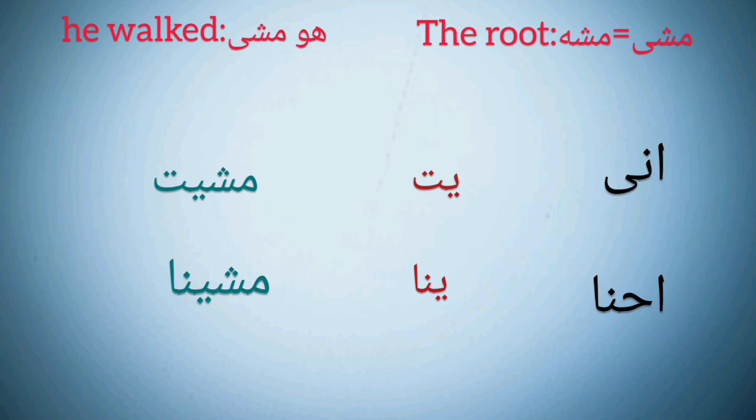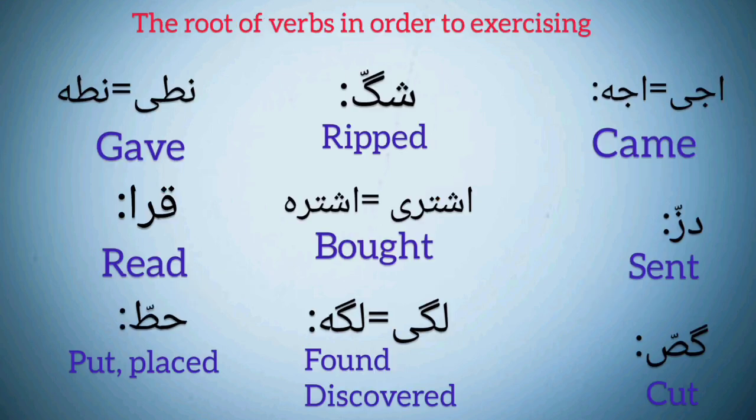Alright guys, these are some roots of the verbs, roots of the past tense verbs, in order to master conjugating. These are the roots where the last two letters are the same, that have a tashdid, and the roots whose last letter is alif. Let's get into them. The first one is إجى. إجى basically means came.